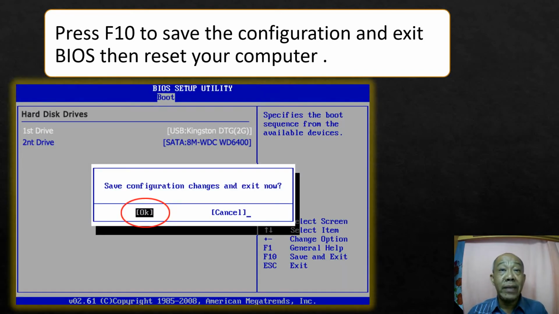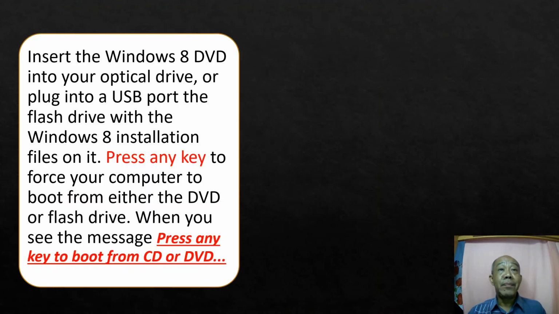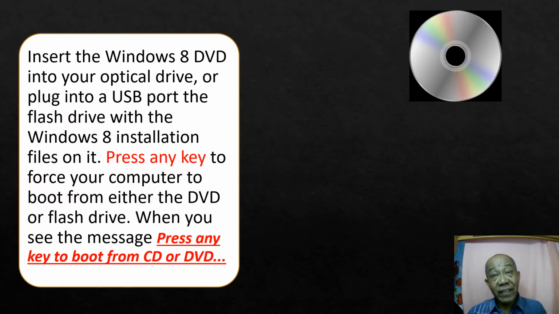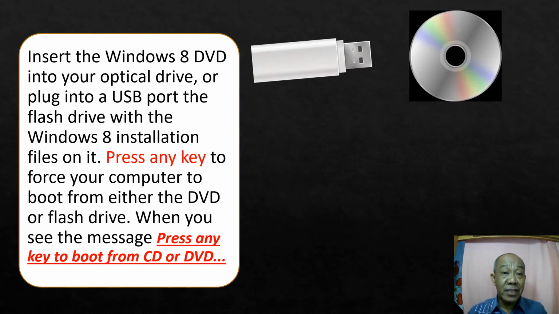Here we have an image that when you press F10, a dialog box will appear asking you to save configuration changes and exit now. So you're going to click on OK. And you're now going to insert your DVD, if you're using a DVD disc, or a flash drive.